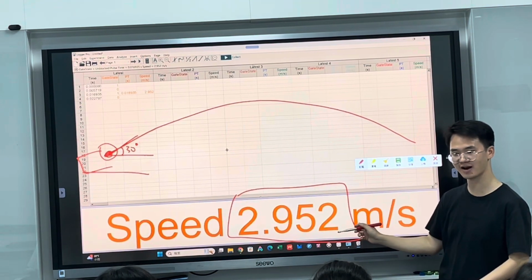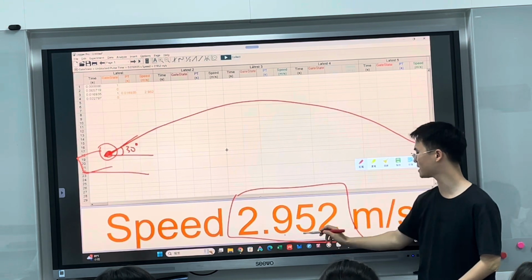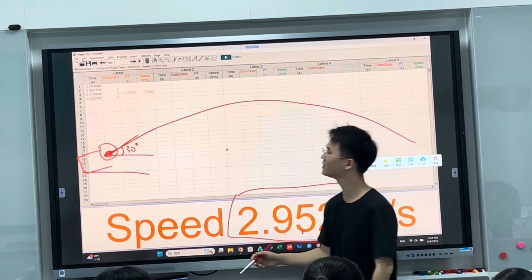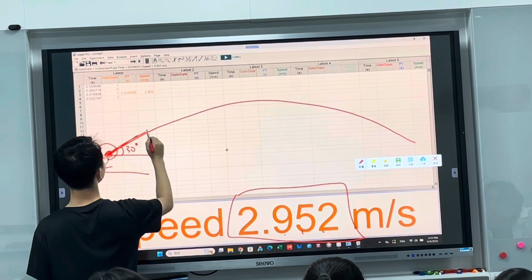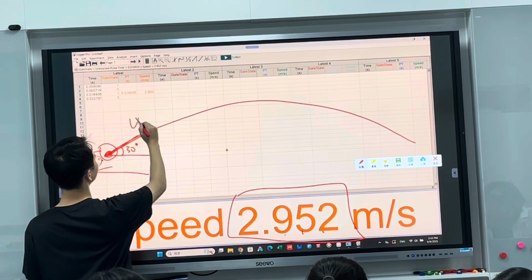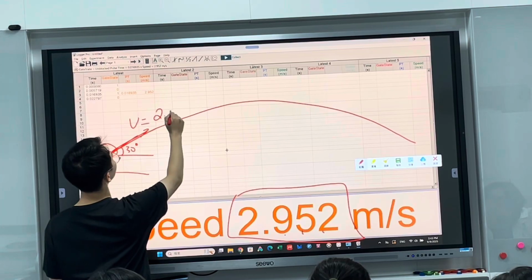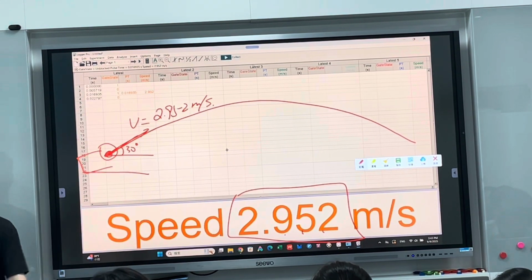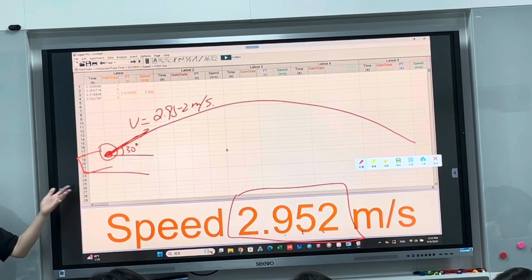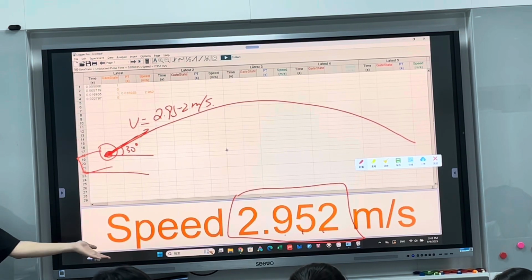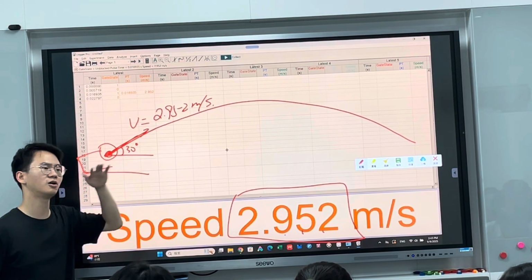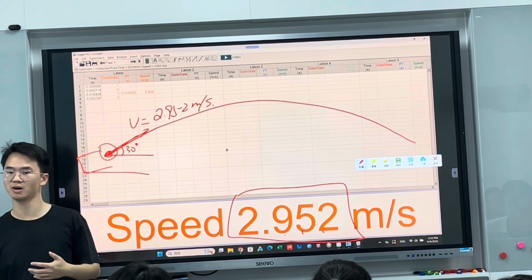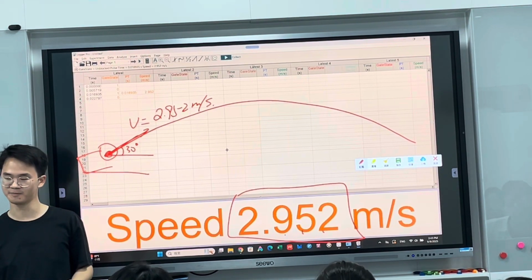That's very precise, to the thousandth place. So this initial velocity equals 2.952 meters per second. After knowing that for projectile motion, the horizontal and the vertical motion are independent from each other, what can we do?